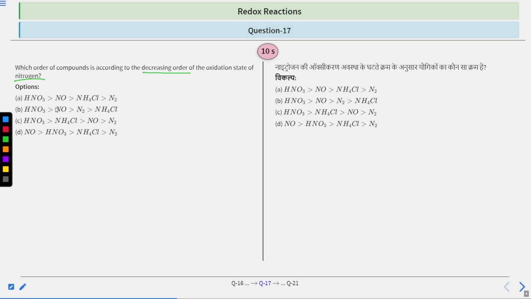Highest in HNO3, then NO, then N2, and then lowest in NH4Cl. Highest in HNO3, then NH4Cl, then NO, then lowest in N2. Highest in NO, then HNO3, then NH4Cl, and then lowest in N2. You have 10 seconds to solve this question. After that, we will see the answer.